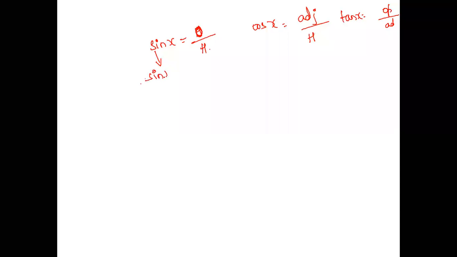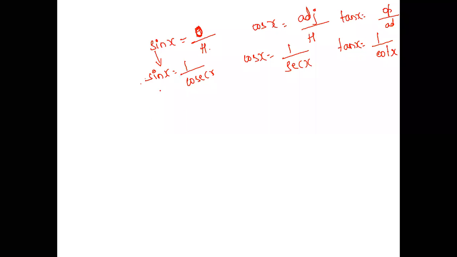Sin x is equal to 1 by cosecant x. Cos x is the reciprocal of secant x. And tan x is the reciprocal of cot x. I hope you remember all these things.